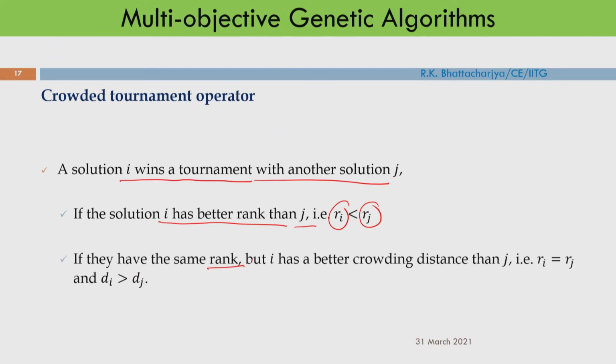If they have the same rank but i has a better crowding distance than j, that means R_i equals R_j and D_i is greater than D_j, then i will win the tournament.